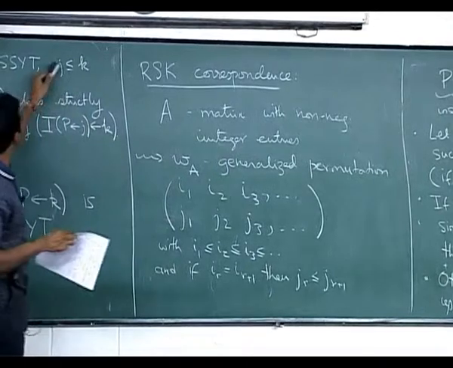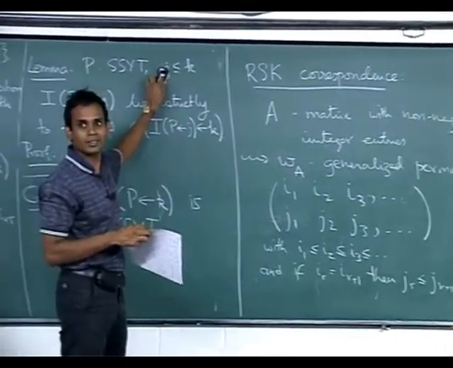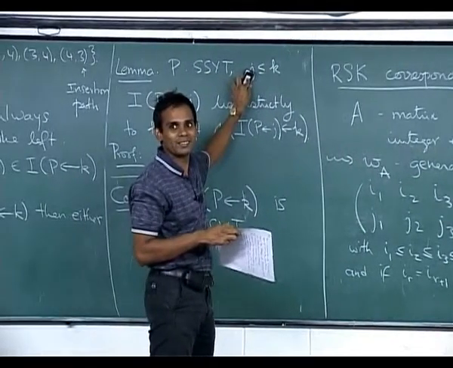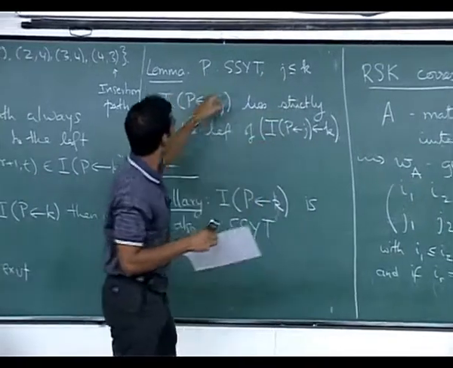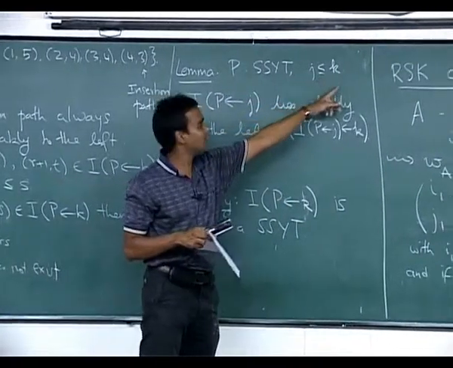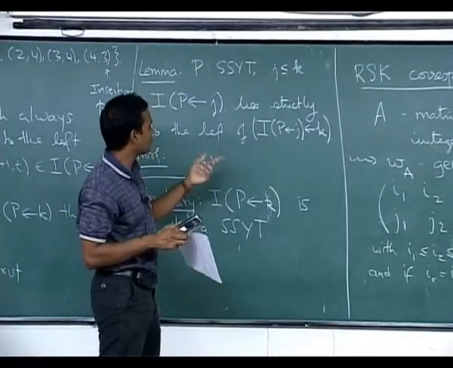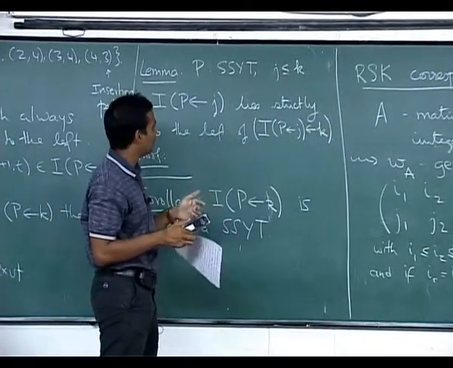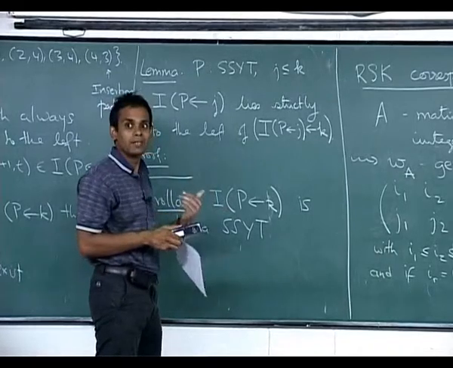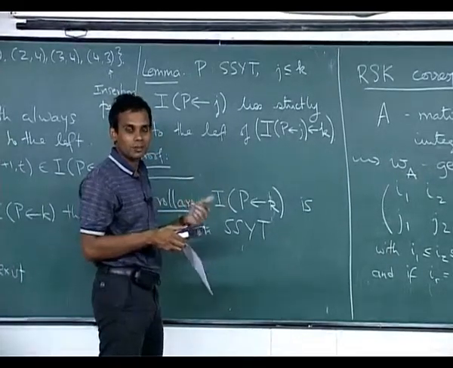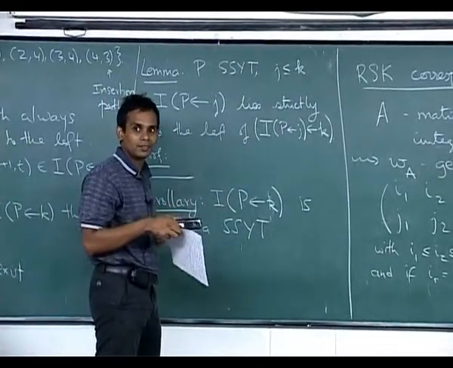Yeah, the relation is that K should be greater than or equal to J. That's the main point, right? So, you were asking if there is any relation between J and K, and it is that K should be greater than or equal to J, because that's how we know that K bumps up something larger than J, which we used in the proof, and also that K is inserted to the right of J.